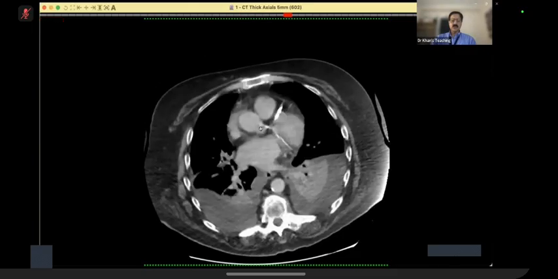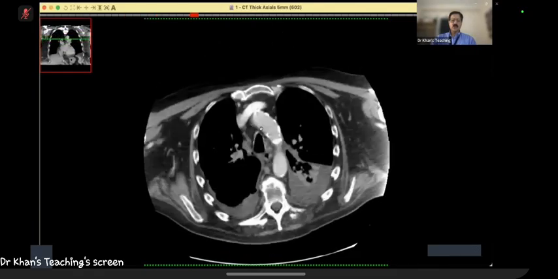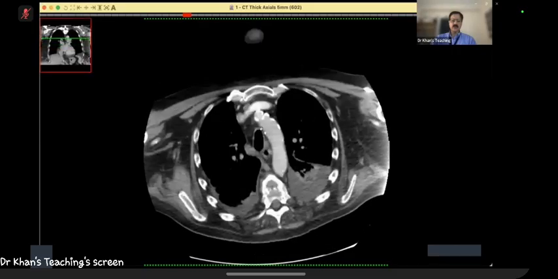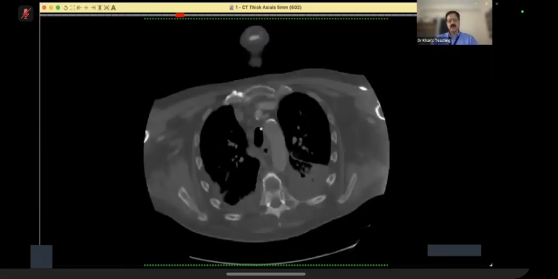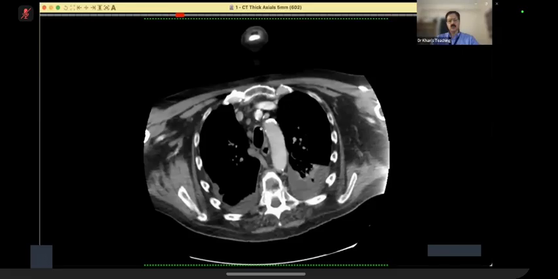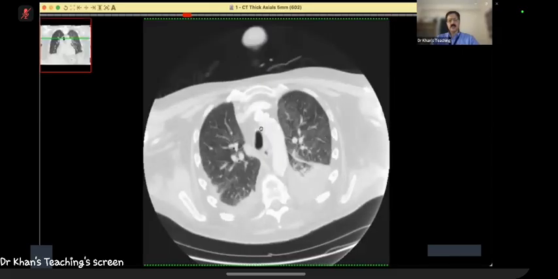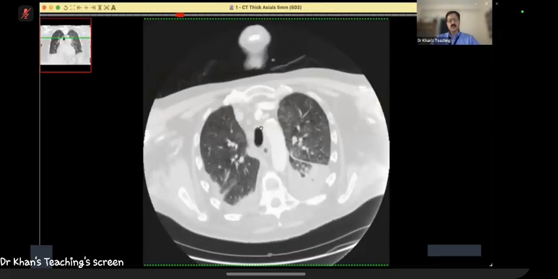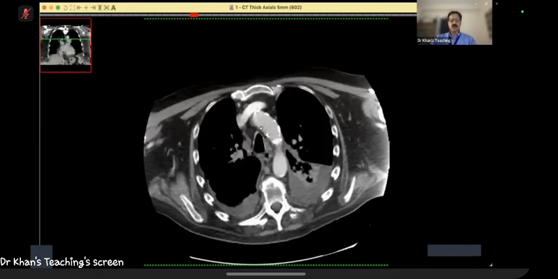So this is a chest CT. Your lung window should be your second choice window. In this case, I was not at all interested, but you have to go through your protocol, what's happening in the lung. And only then you ask for the bone window.